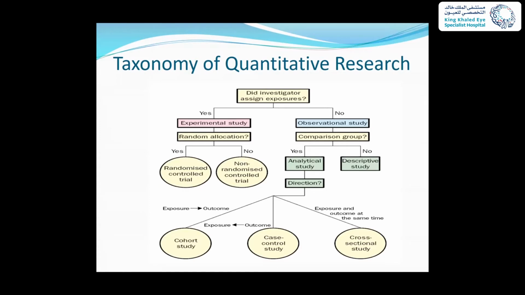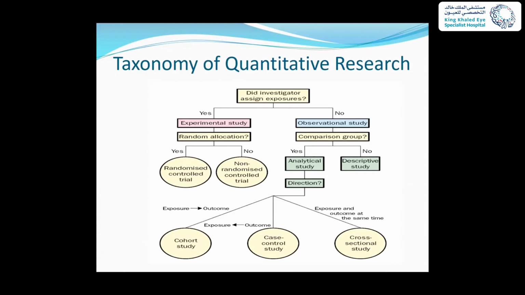If the researcher intervenes, that means we are under an interventional or experimental study. That could be either randomized or non-randomized. If the patients are randomly assigned to control or study group, we call it a randomized controlled trial.